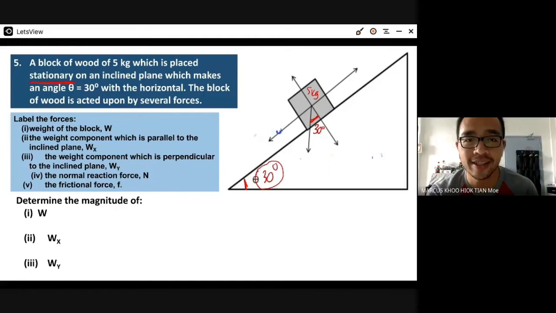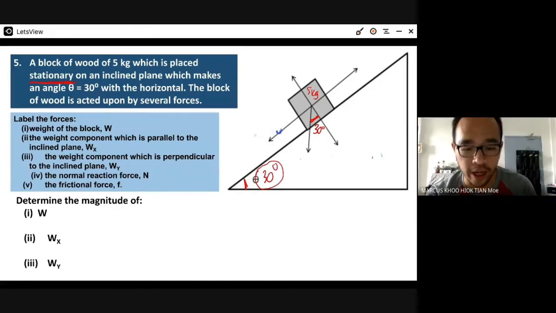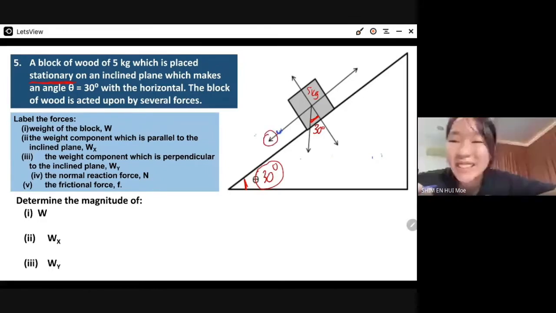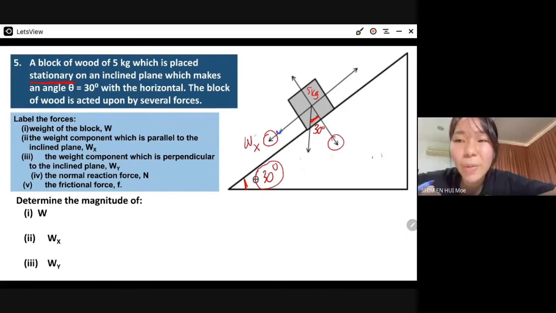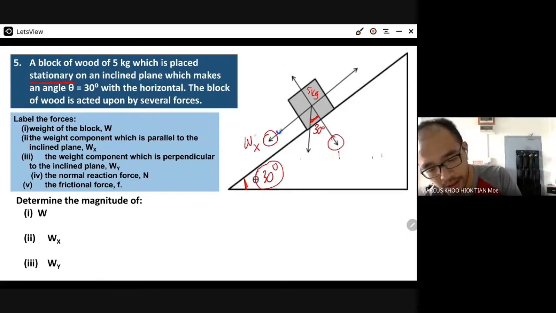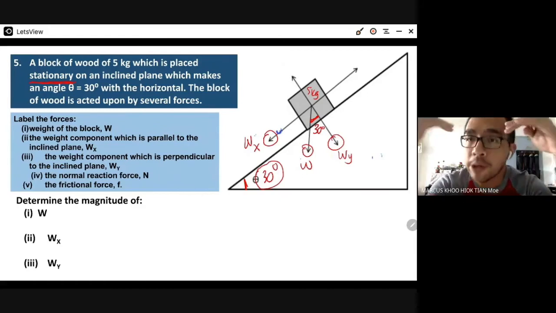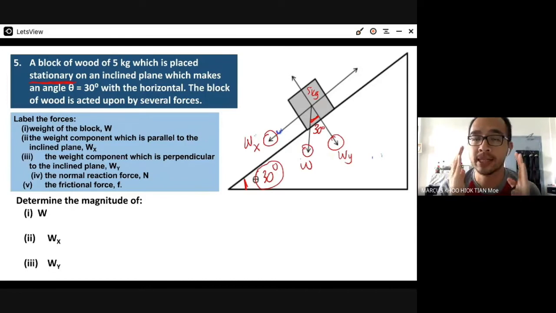Not sure, but I try. I point, then you know which one I'm talking about. This one is WX, the horizontal component. This one is WY, and this one will be W. Thanks. Most importantly, remember that the W is the slanted force.